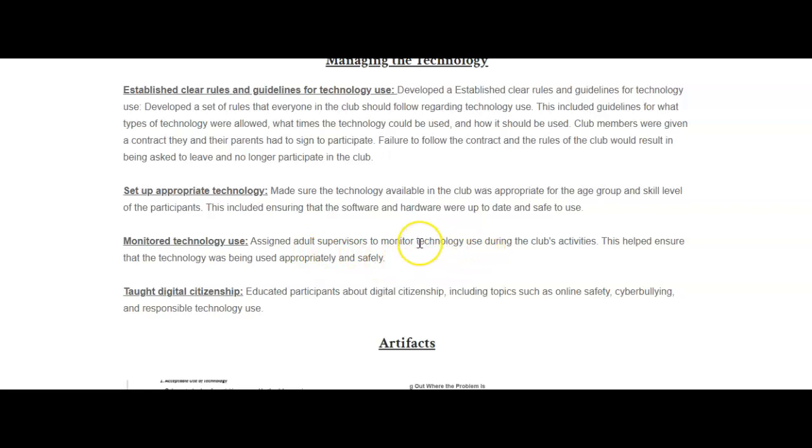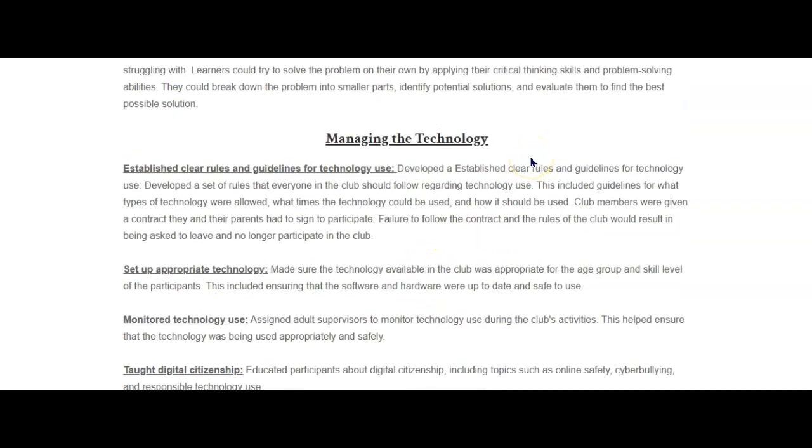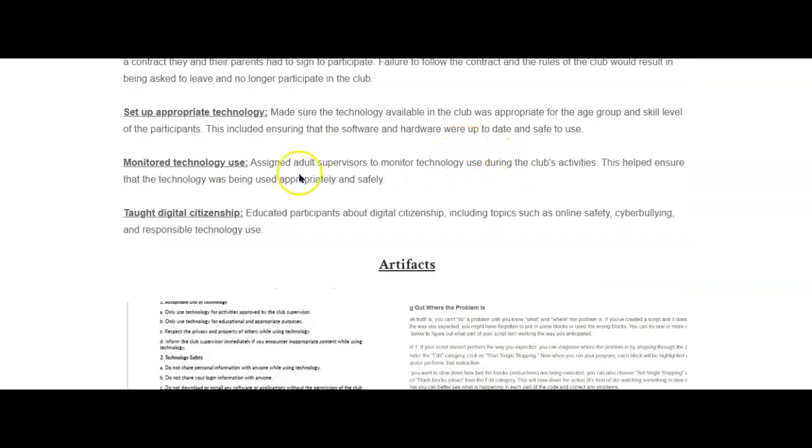They were also taught digital citizenship to make sure that they were staying safe online, preventing any cyberbullying, and practicing responsible technology use. They were also partnered with other club members to help each other stay motivated and engaged as well.